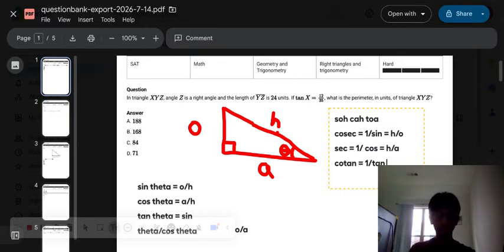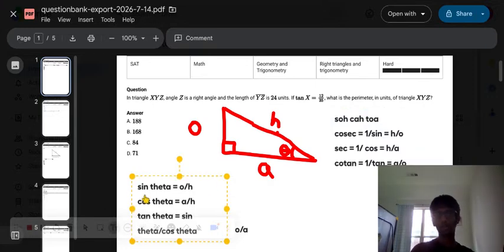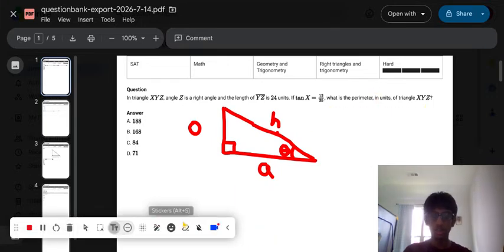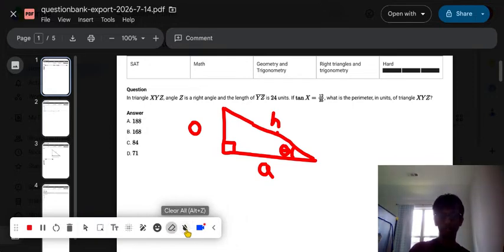And lastly, tangent is opposite over adjacent, so 1 over that would be adjacent over opposite. Basically, you're taking the reciprocal. And that's honestly all that you would need to know for the basics of trigonometry. You don't need to learn how to apply it in the unit circle or anything like that. So that's just the basics that I'm teaching you right now.